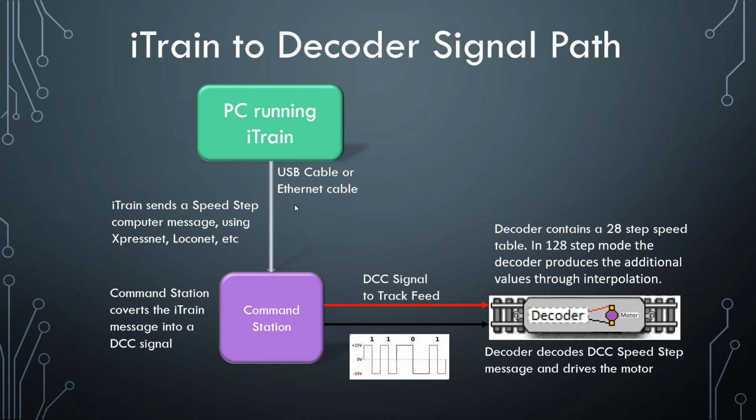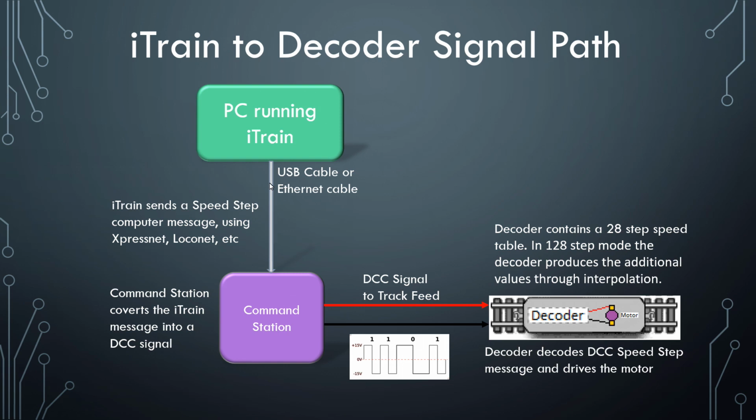When a 126-step decoder is being used, iTrain will try to prevent those bottlenecks by using larger step sizes so that the intermediate steps are not used and therefore less data is being sent.